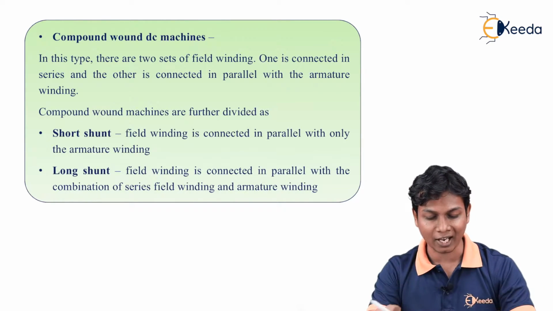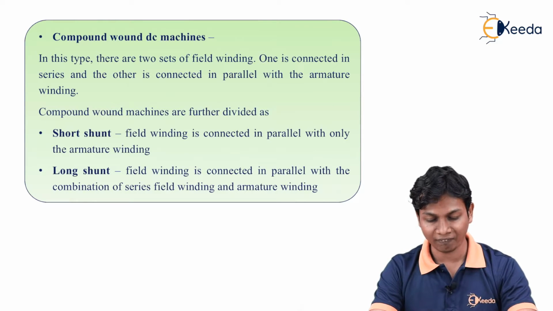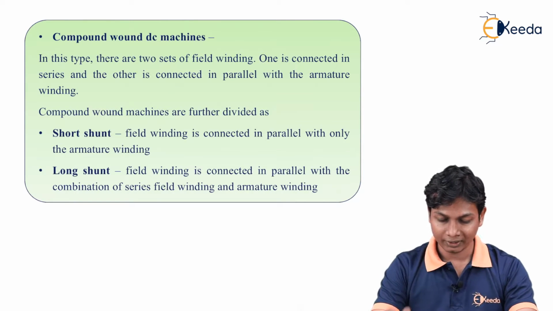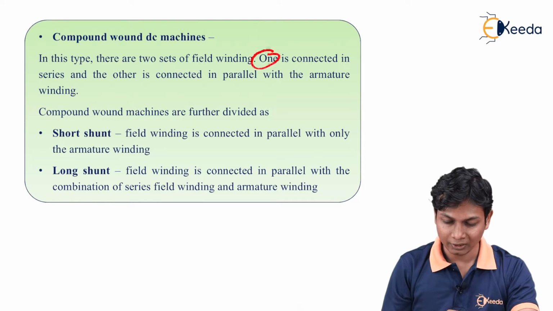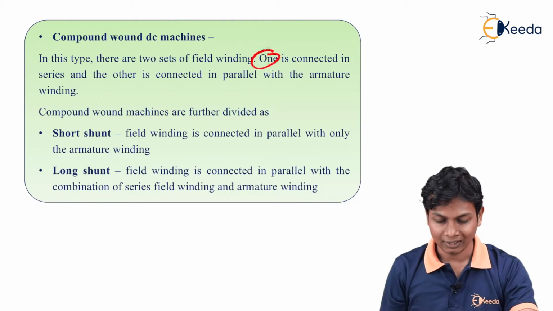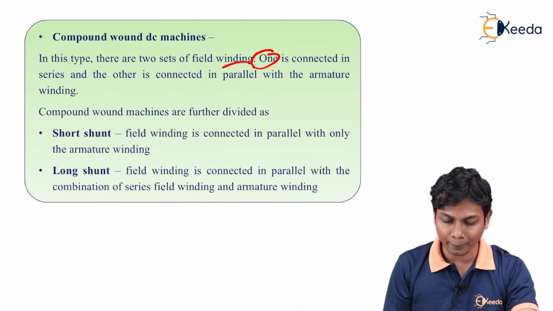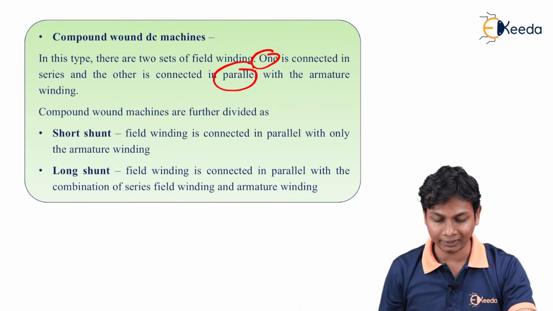In this type there are two sets of field winding. One is connected in series and the other is connected in parallel with the armature winding.